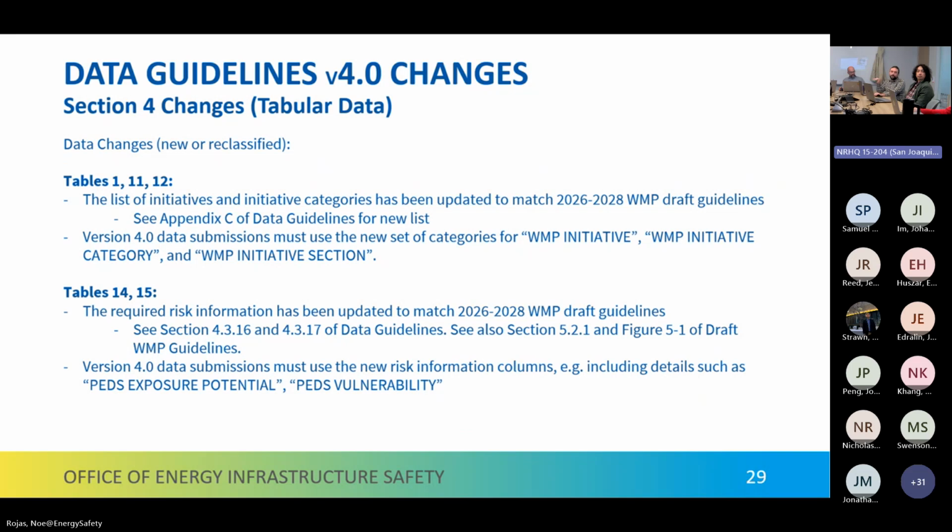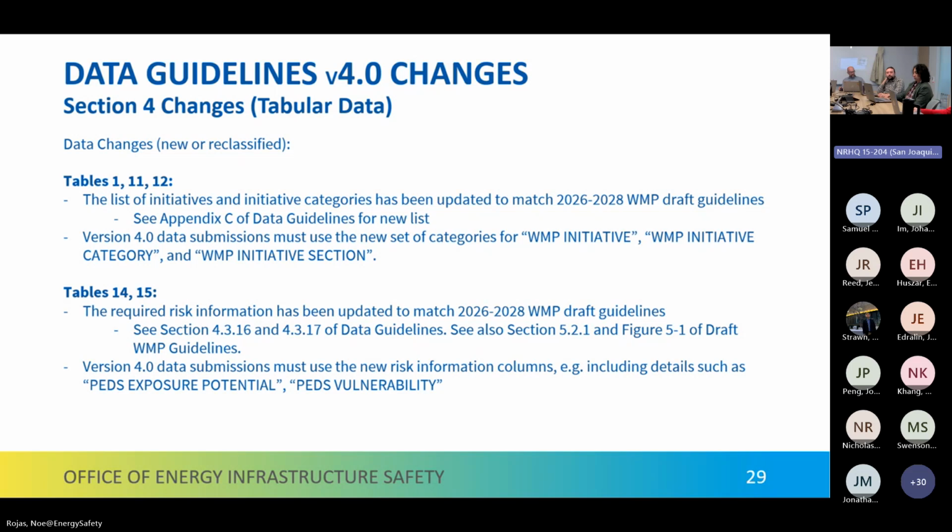If you look at Appendix C of the data guidelines, there's a new list of the initiative name, initiative type, initiative category, and section that it's from in the WMP guidelines. So please do go through that and make sure that this aligns with what it currently requires in the WMP guidelines and in the data guidelines, which will be slightly different, but mostly the same categories and the same initiatives will be pursued.